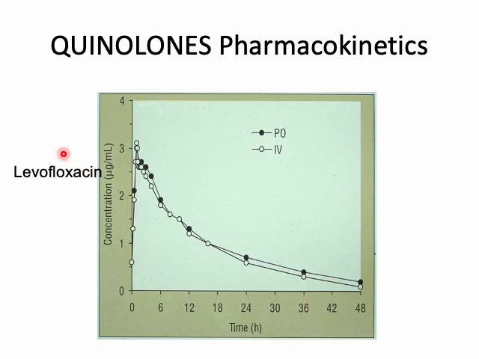For instance, levofloxacin, also known by Tavanik in the market, look at this concentration time curve, and you see it's almost exactly the same for PO and IV. So what? Here's the so what. If you have a patient who's admitted for pneumonia and the patient is sick, you start with IV levofloxacin, for example. Two to three days later, the patient feels much better and you want to discharge home.